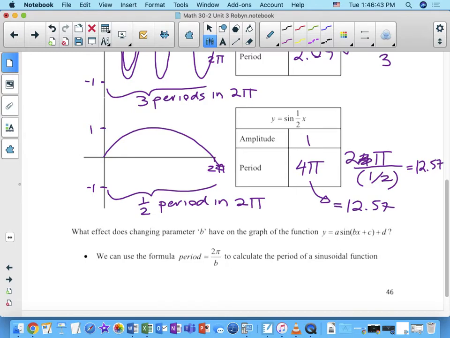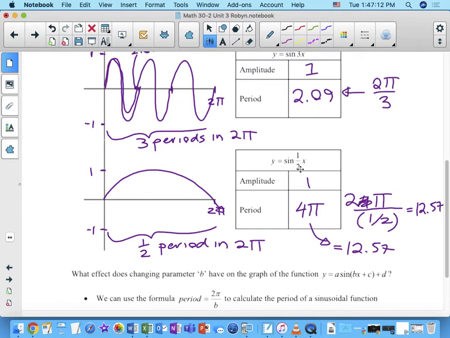All right, now, is the b value the period? The b value was 1/2. Was the period 1/2? No. It was 12.57, or 4 pi. In the previous one, the b value was 3. Was the period 3? No. The period was 2.09.